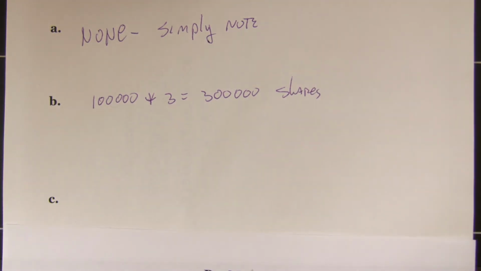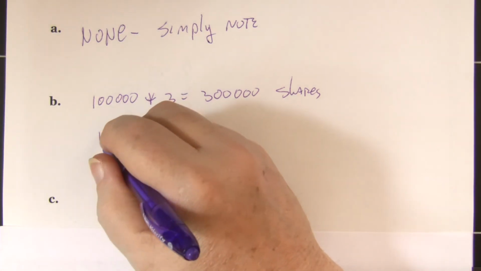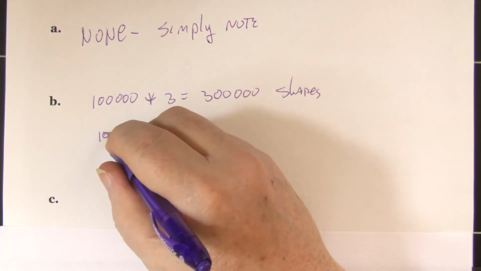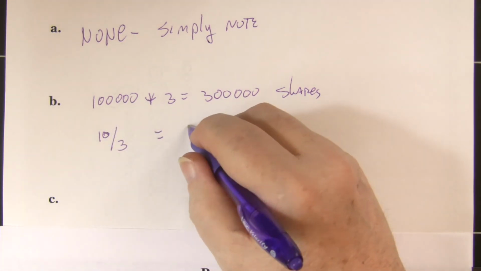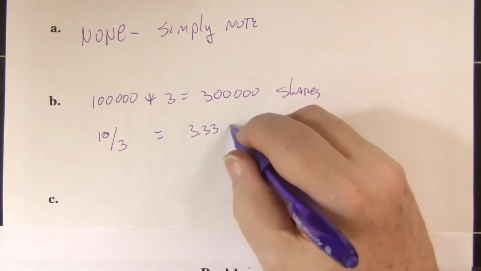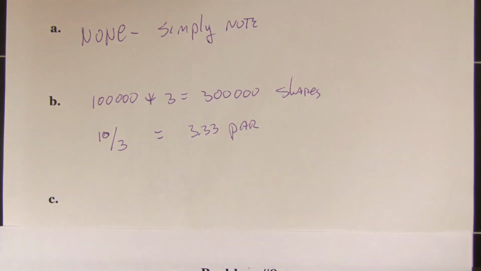And each one of those shares had been $10 par, but now instead of that being 1 share, that's 3 shares, so that's $3.33 for the par. And what will the selling price be?